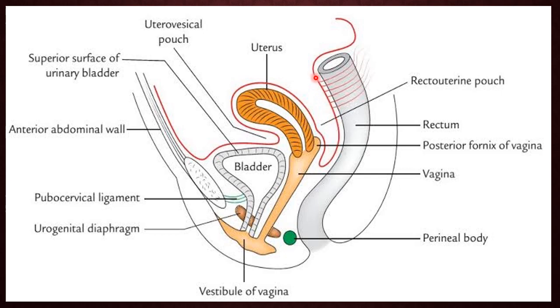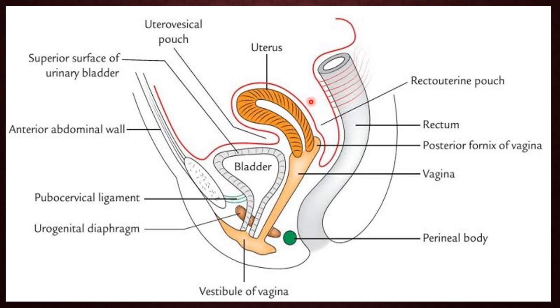This pouch is called the recto-uterine pouch as it is present in between the rectum and the uterus. It is also called the pouch of Douglas, after the anatomist and obstetrician James Douglas.